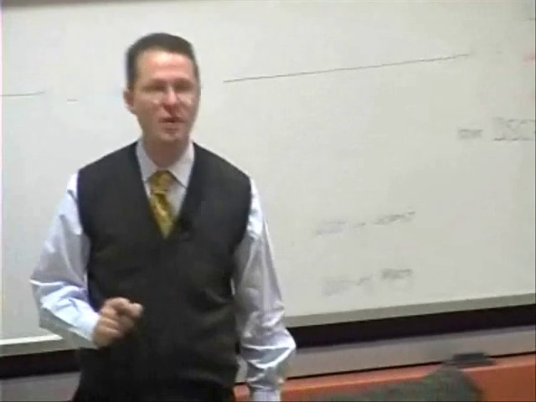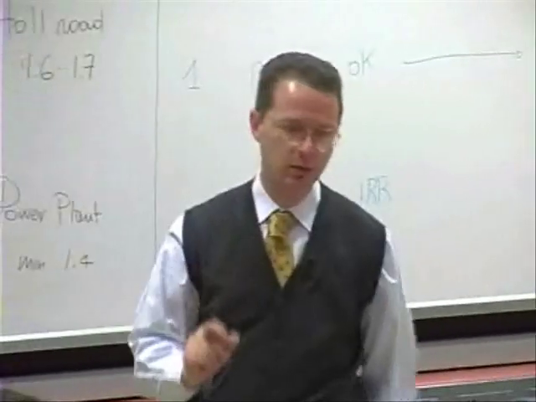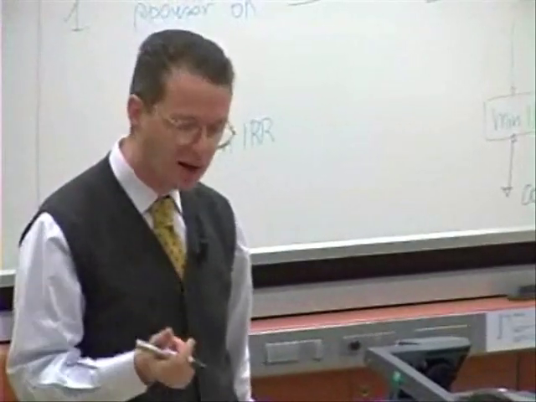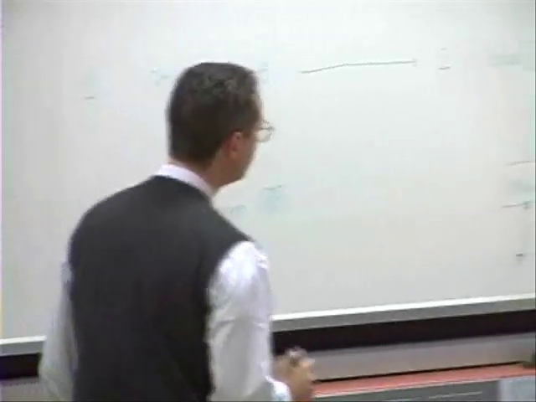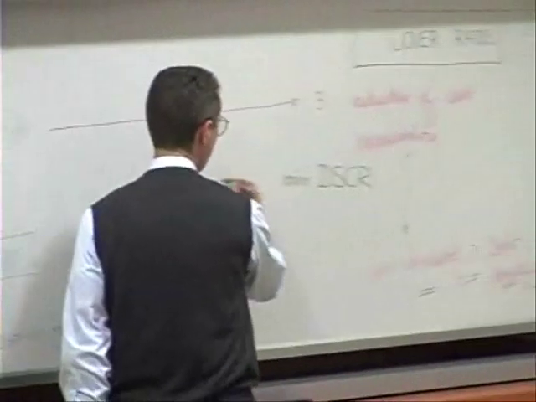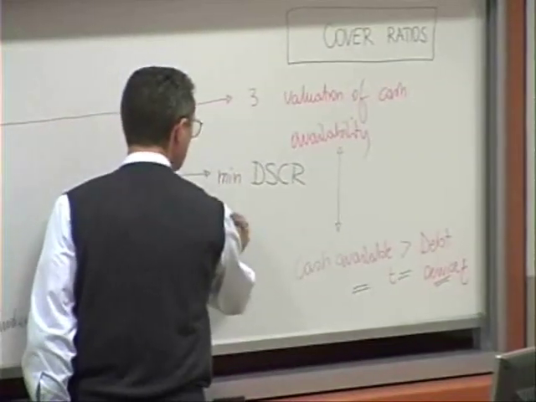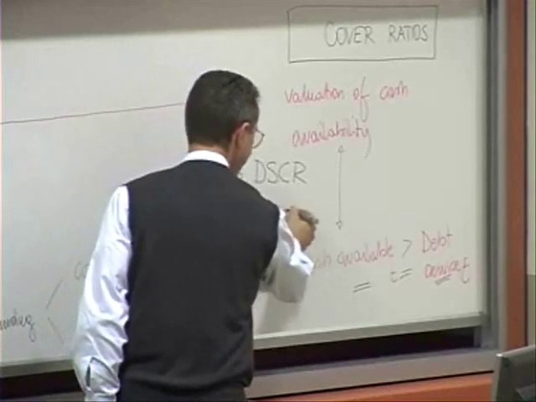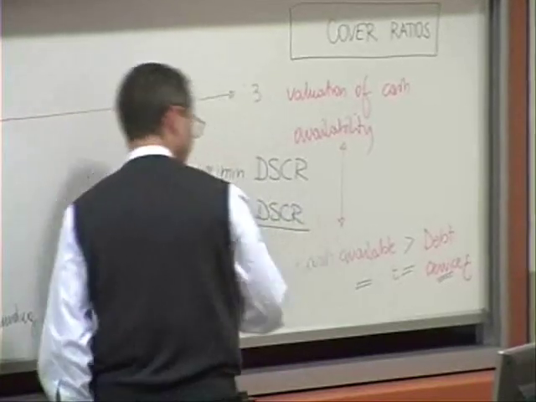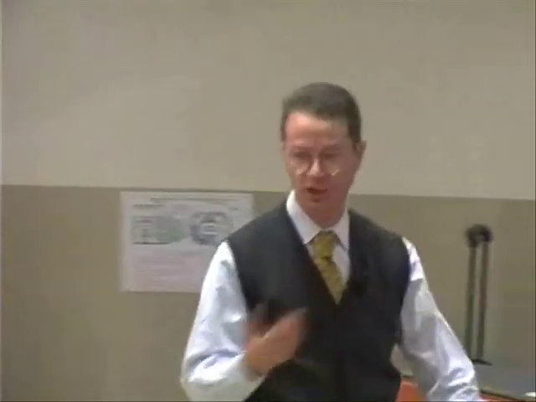In addition to a minimum debt service cover ratio, banks require one additional request. Not only do they require a minimum debt service cover ratio, but also an average debt service cover ratio. What is an average debt service cover ratio? It is very simple.